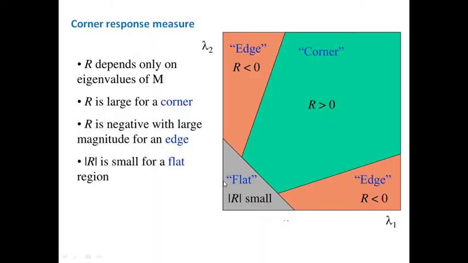When R is less than 0, it is considered an edge. When R is greater than 0, it is considered a corner. When R is very small, it is considered a flat region. So this is about how the classification of image points can be done by taking this capital R into consideration, right?